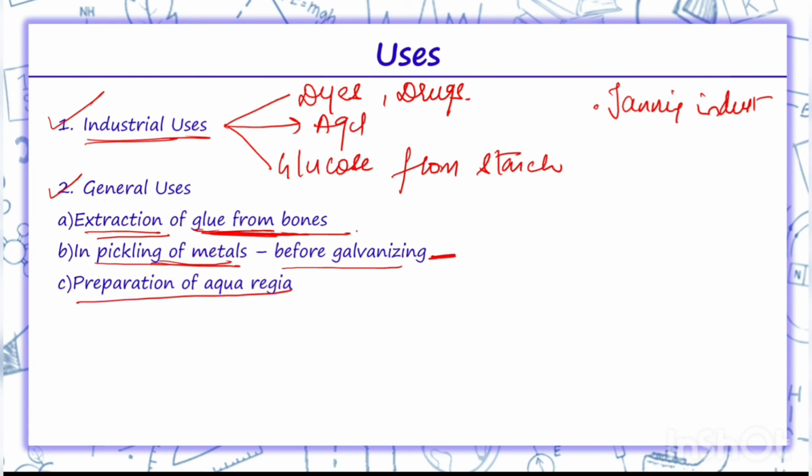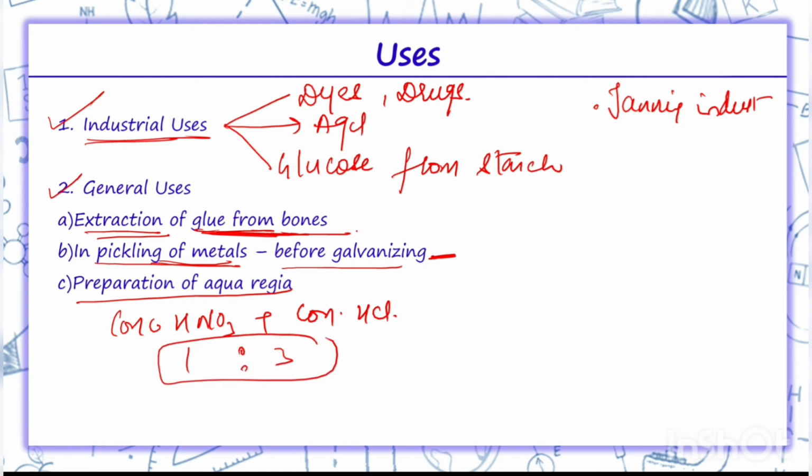HCl is also used in the preparation of aqua regia. Concentrated HNO3 and concentrated HCl, present in the ratio of 1:3, dissolve noble metals which are insoluble in all other solvents, and it forms H2O plus NOCl plus Cl.